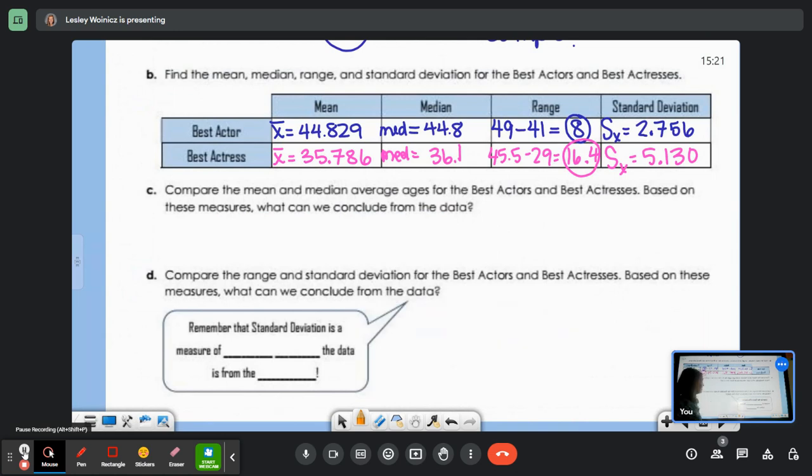Okay, that's our tables. Okay, part C says that we have to compare the mean and the median. Okay, these are our measures of center. What can we conclude about our data looking at these measures of center?